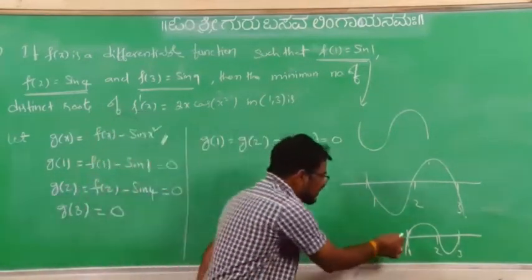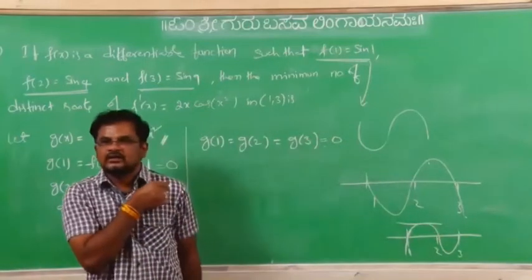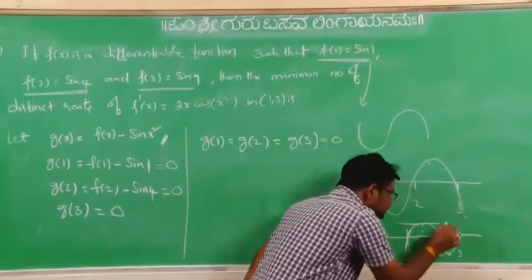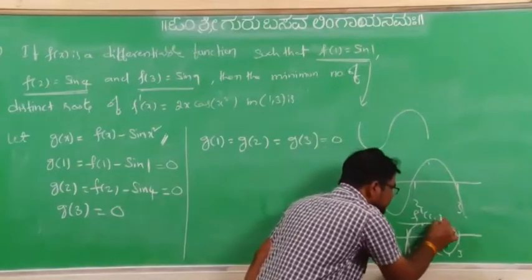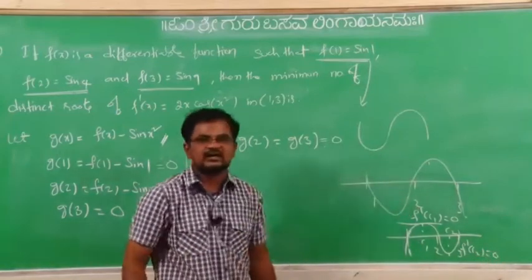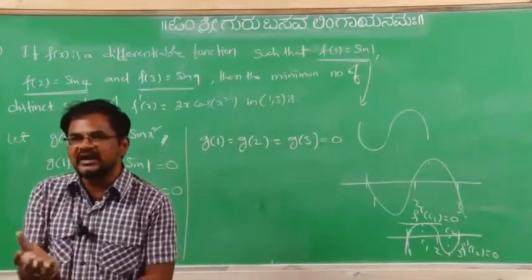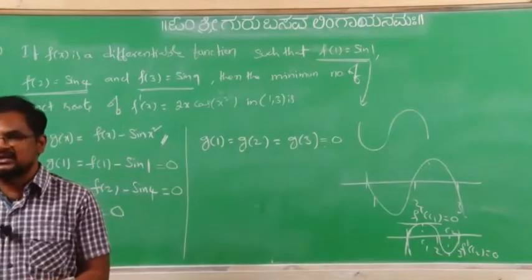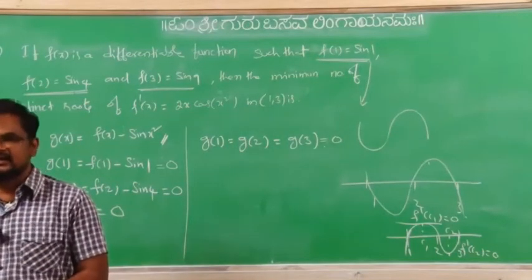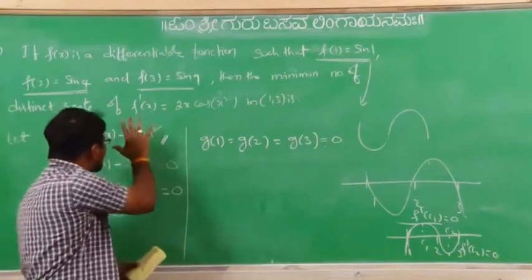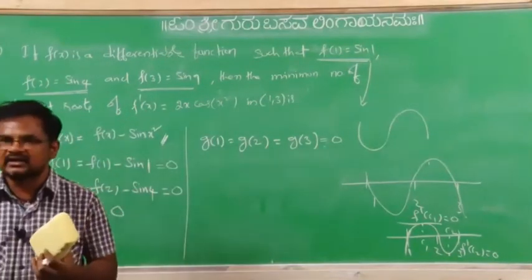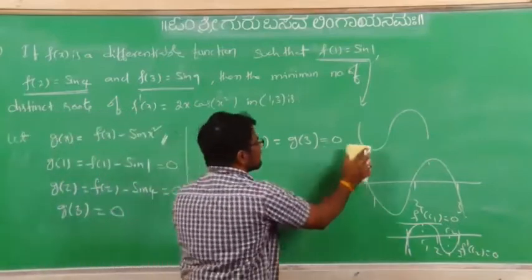So between 1 and 2, definitely at this point if you take c1 and here c2, g'(c1) equal to 0 and g'(c2) equal to 0, or not? So not only one point, how many points are there? 2 points are there where g'(x) equals 0 between 1 and 3, right? So g(x) satisfies the three conditions of Rolle's theorem, or not? Then what can we say?